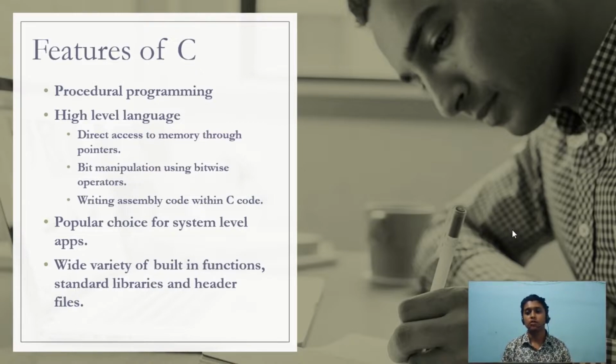Because of these unique features, C became a popular choice for developing both system level applications like kernels, device drivers, operating systems, etc., and various software applications like games, editors, and other graphic rich applications. These things are called system level features.